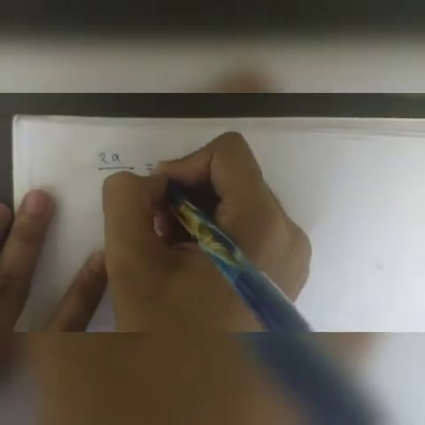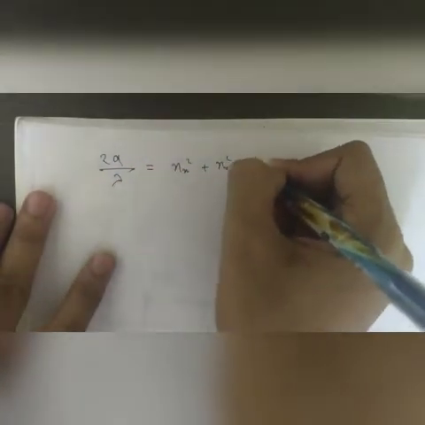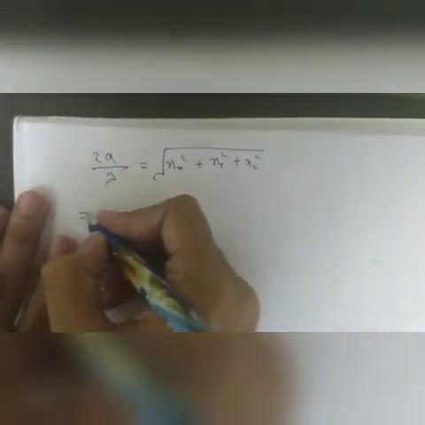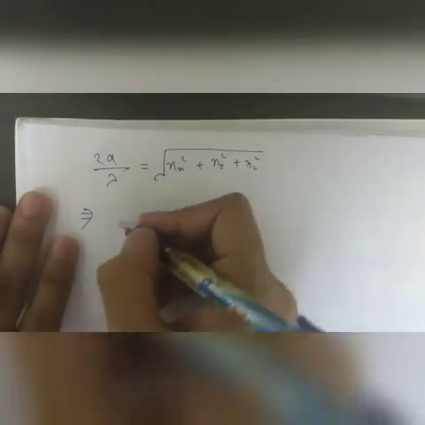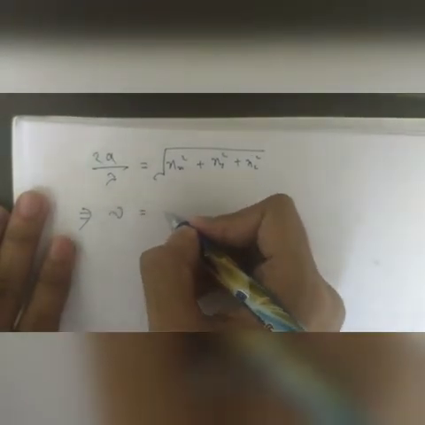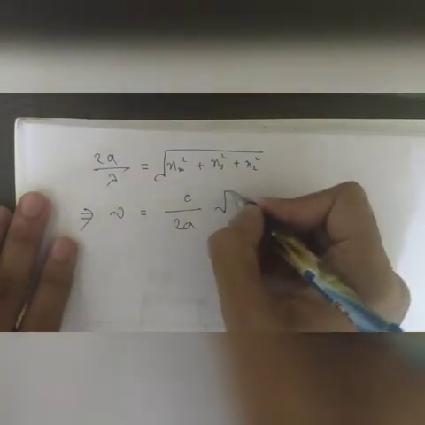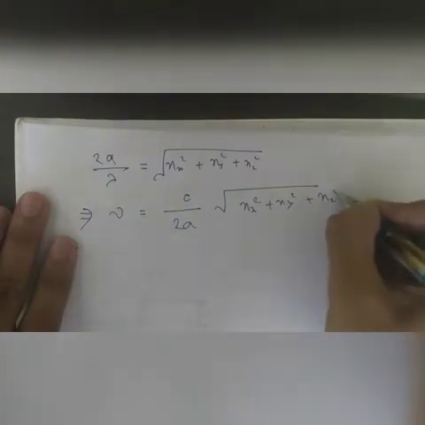Till now we have got this relation: 2a by lambda equals the square root of nx square plus ny square plus nz square, and we can write it in terms of frequency. We can write frequency equals c by 2a times the square root of nx square plus ny square plus nz square.